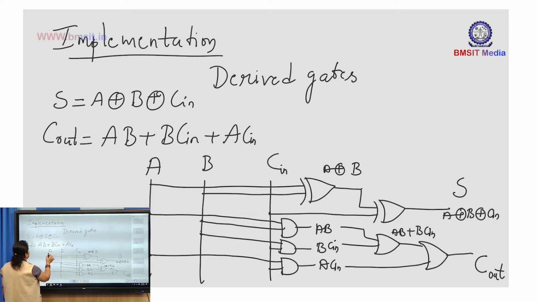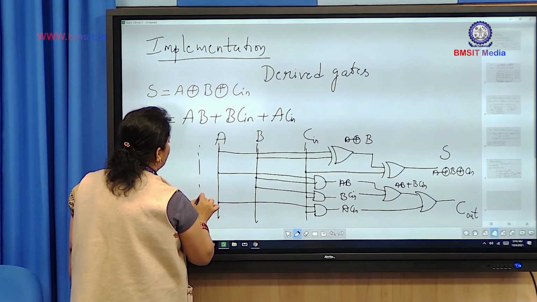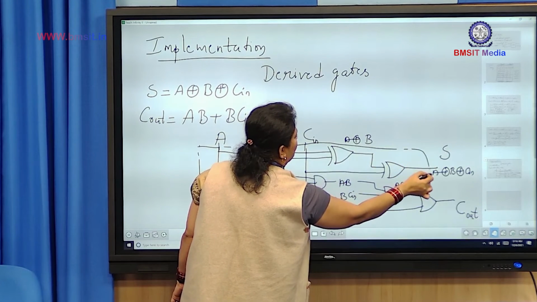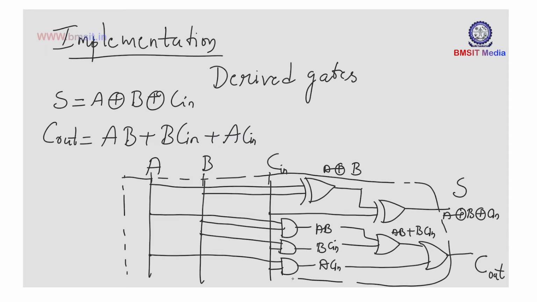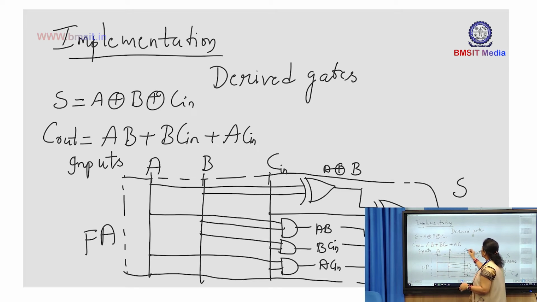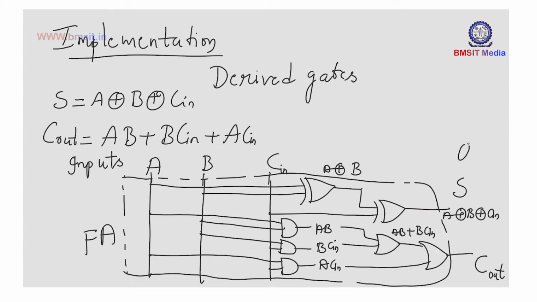So you can see this is a full adder, for which we are providing A, B, C, which are the inputs. So based on this logic circuit, and for different combinations of A, B and C, you will be getting the outputs S and C out.